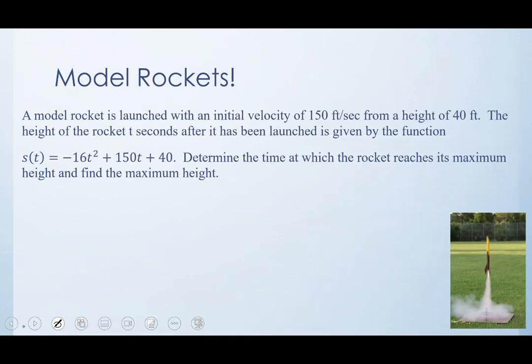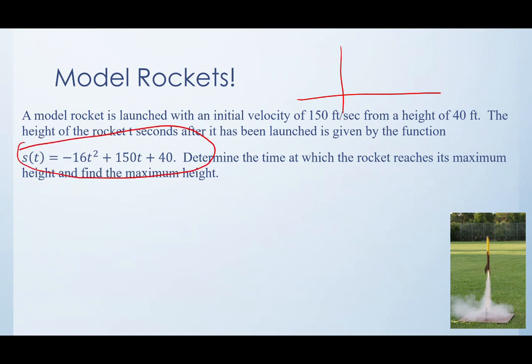I think there's one more. Yep, this is the last one. Word problem. We've got a model rocket launched with an initial velocity of 150 feet per second from a height of 40 feet. And the height of the rocket is given by this function right here. We really don't need the initial velocity and the height of 40 feet because those pieces of information went into figuring out what the equation should be.